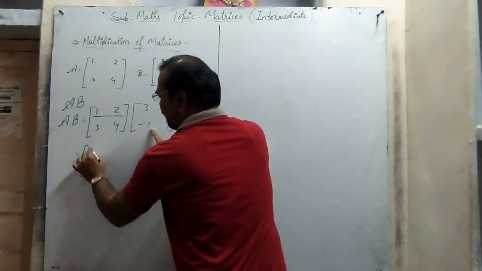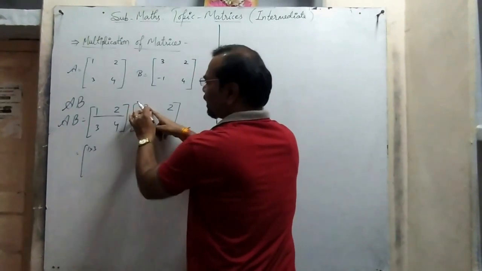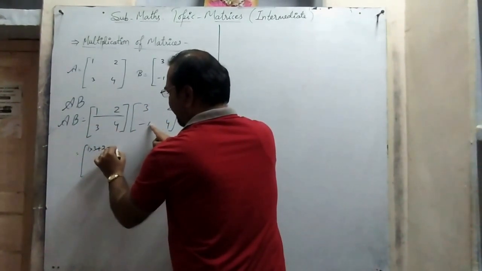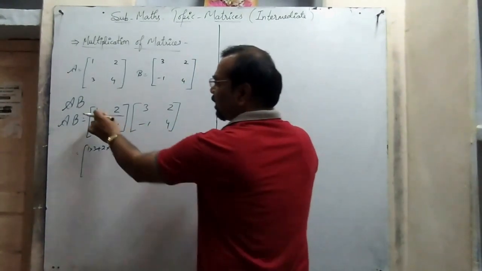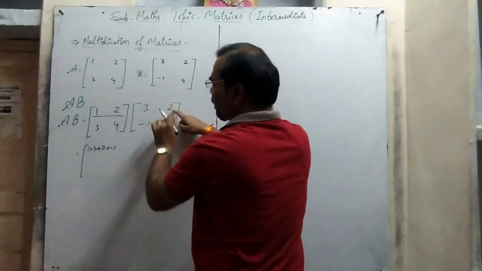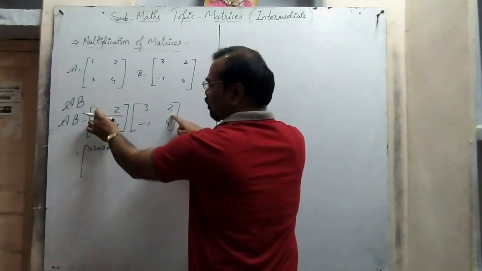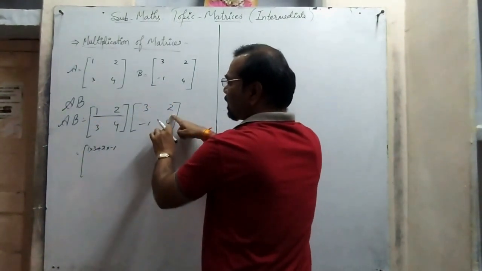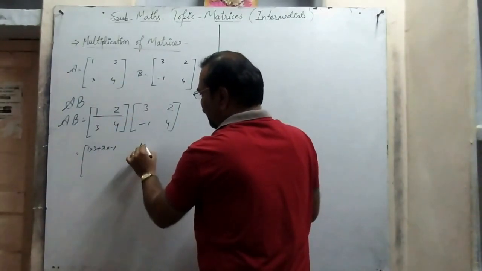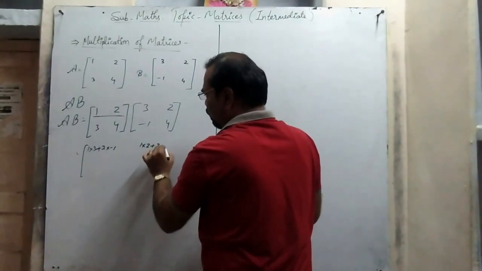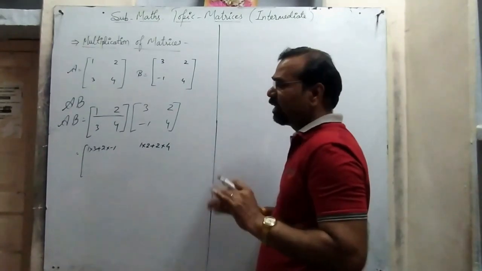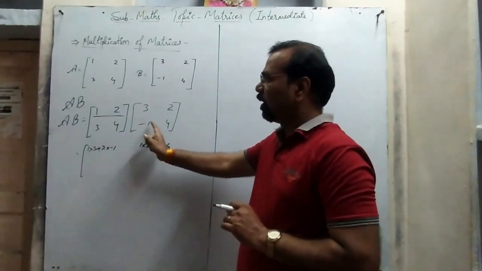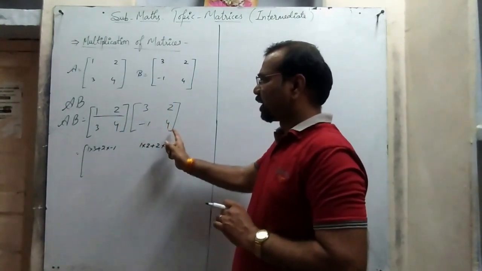How? 1 cross 3, 1 is multiplied by 3, plus 2 multiplied by minus 1. Then the first row is also multiplied by the second column. It means 1 into 2 plus 2 into 4. You understand? First row is multiplied by the first column and first row is multiplied by the second column.